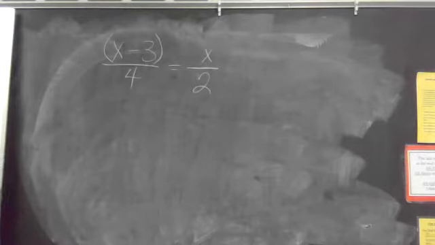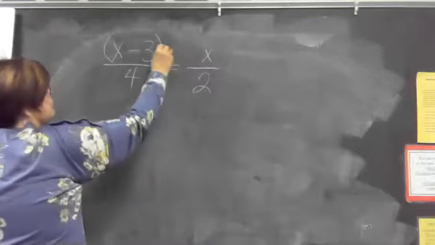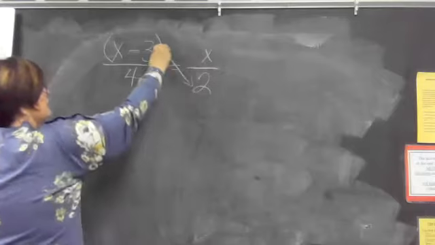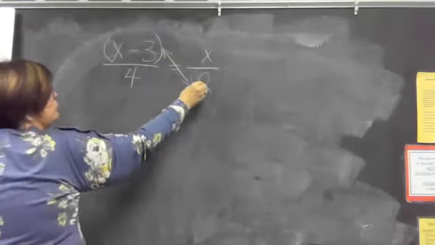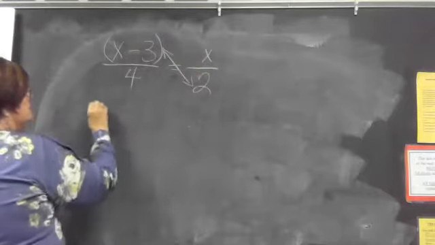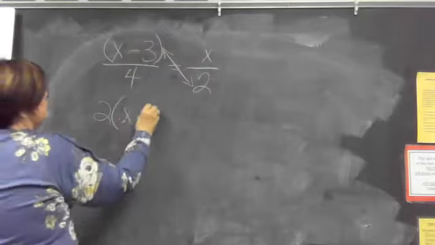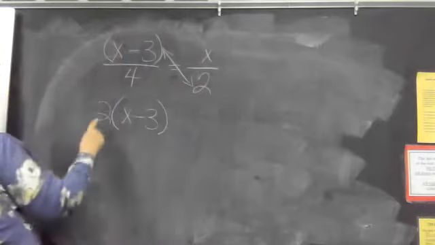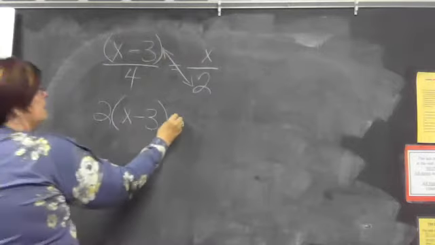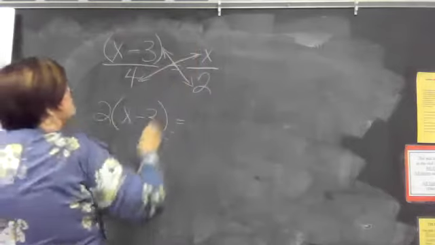So now we know that we can cross multiply to find the answer. It doesn't matter, again, which way you multiply first. I'm going to write this down just because I just do. So the 2 will go in front of the set. It can go behind, but it might be confusing. So I have 2 times the set equals 4 times x.